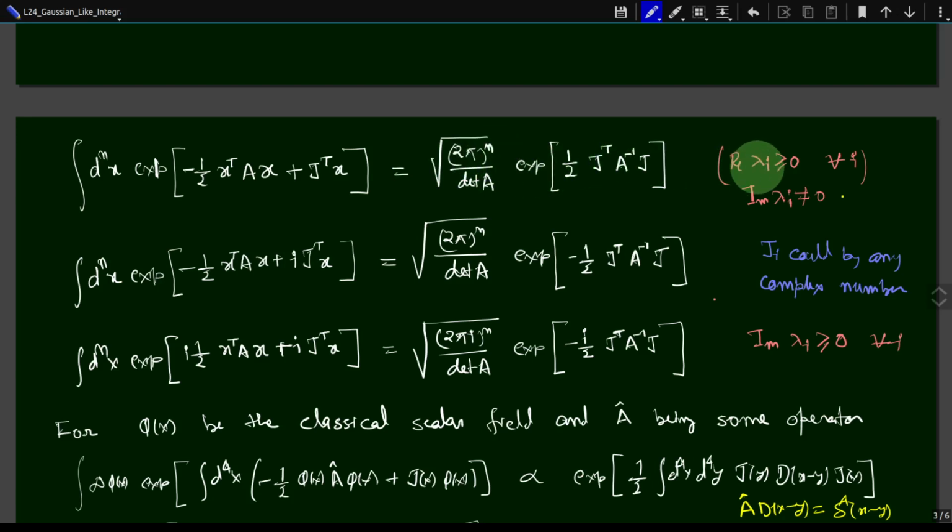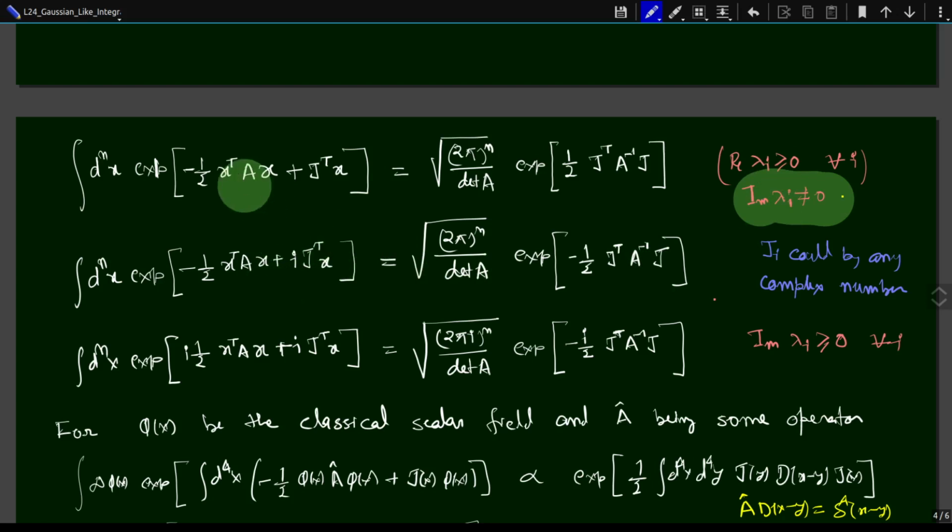And here the assumption is that the real part of all the eigenvalues is greater than or equal to 0. The imaginary part not equal to 0 is not a required condition. If the imaginary part is equal to 0, then lambda_i has to be strictly greater than 0. Equality is not allowed.